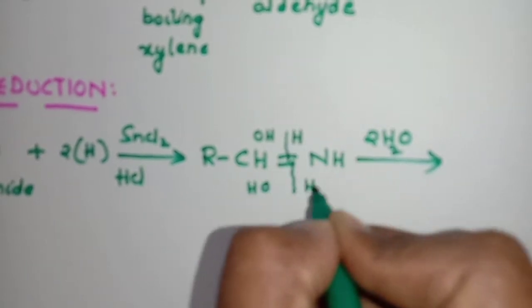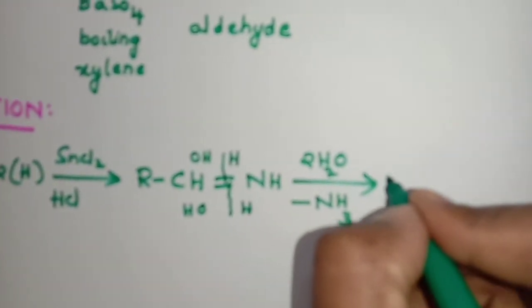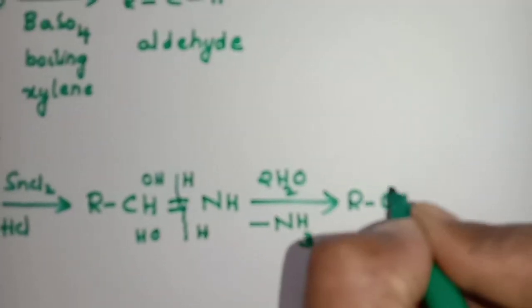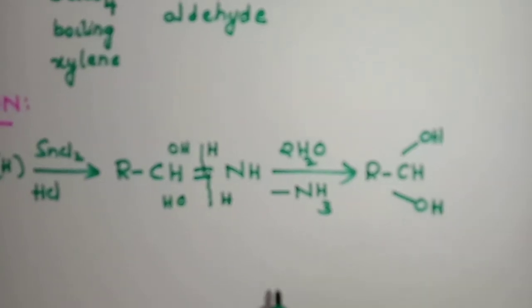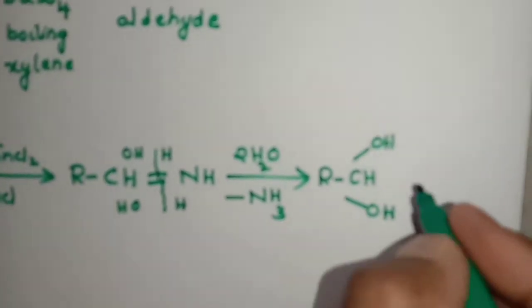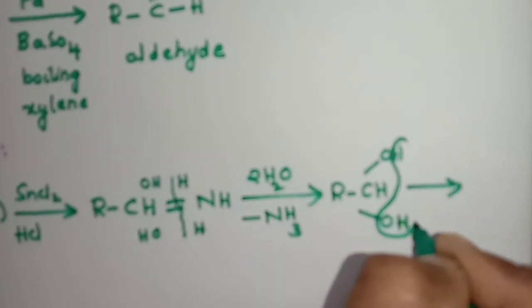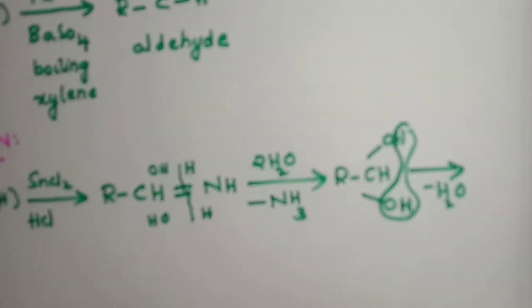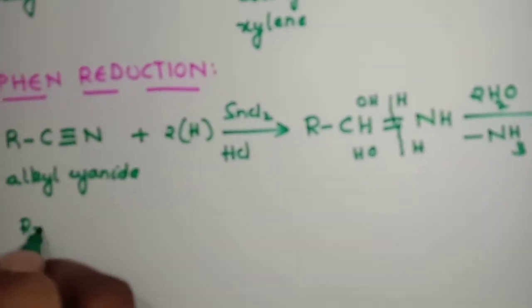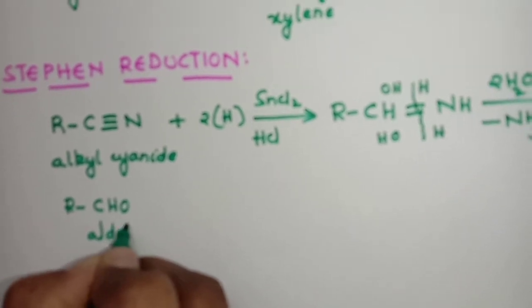So N with the three hydrogens is ammonia, which comes out. Next, R C H O H O H. So when there are two hydroxide groups on carbon, it is unstable, and hence one H and one OH comes out as H2O, and what remains is RCHO. This is aldehyde.